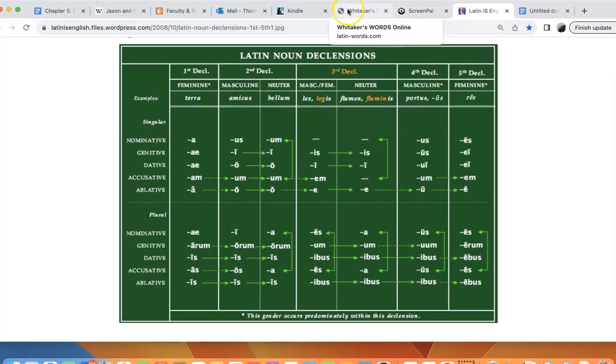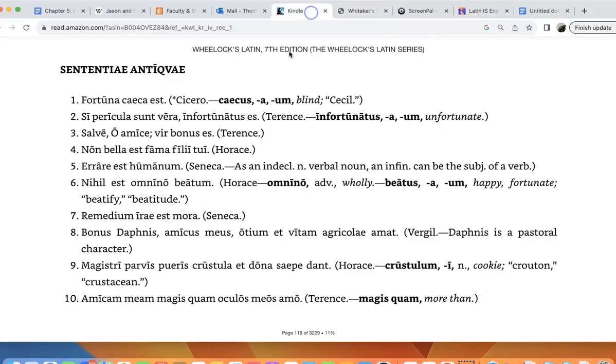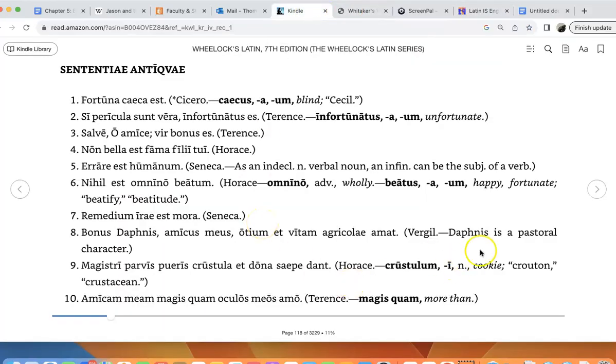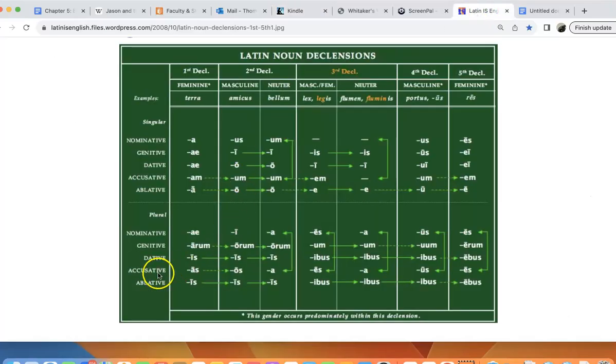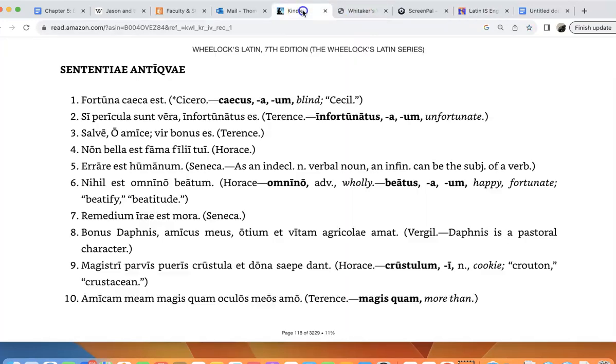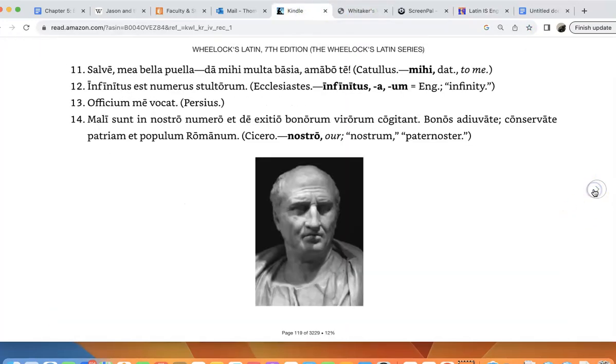So knowing your endings and your declensions will help with that. And then we mentioned before, this is probably just going to have to be memorized. Now, more than oculos meos, that also is in the accusative. So this one has two accusatives. One as the direct object, two in terms of the comparative more than my eyes. So that's what's going on there.